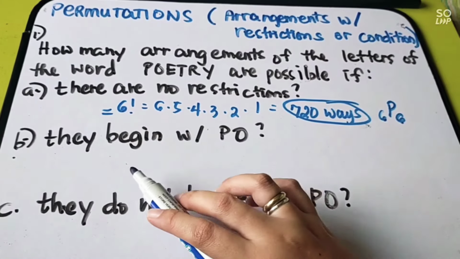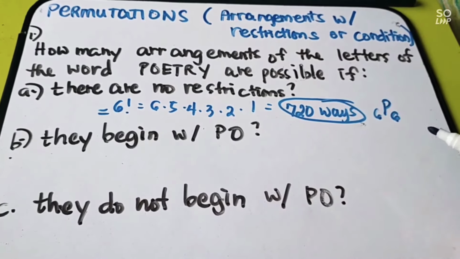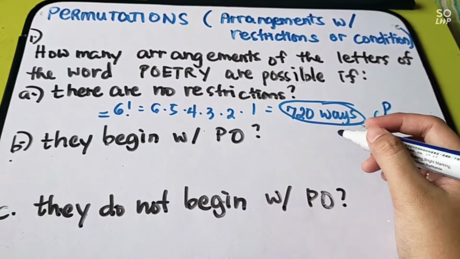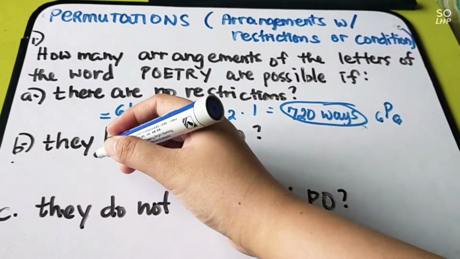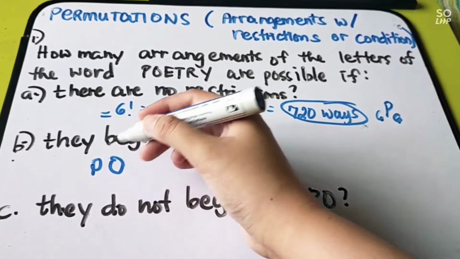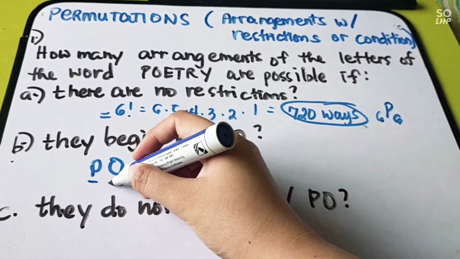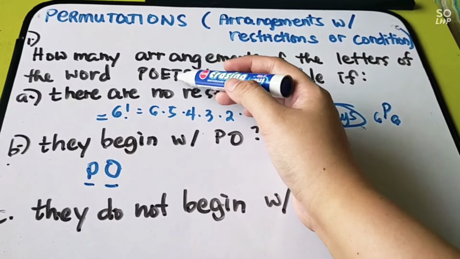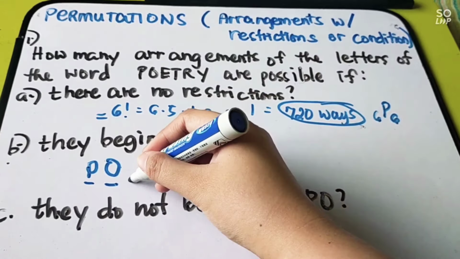Next tayo, let us have letter B. Sabi niya, they begin with P and O. So, that is the condition. So, nagbegin ka daw kay P at saka kay O. So, given na yung unang dalawang letra. Sino na lang? So, we have 1, 2, 3, 4. Yung apat na lang.